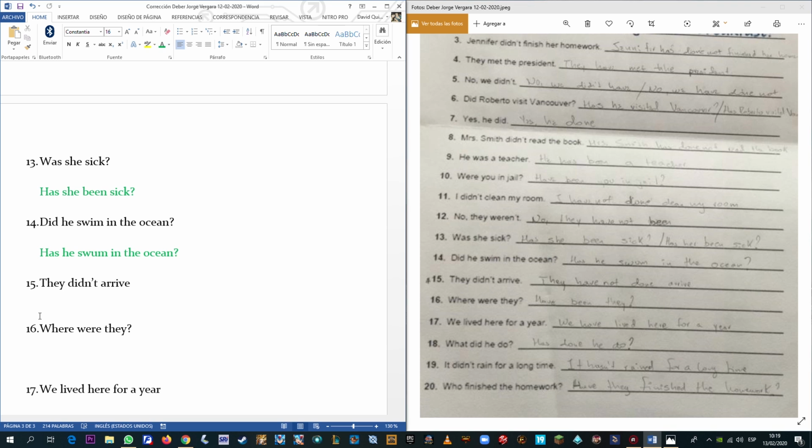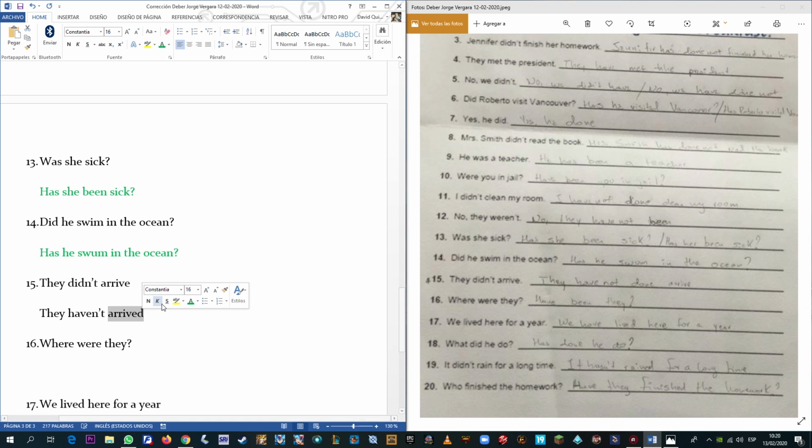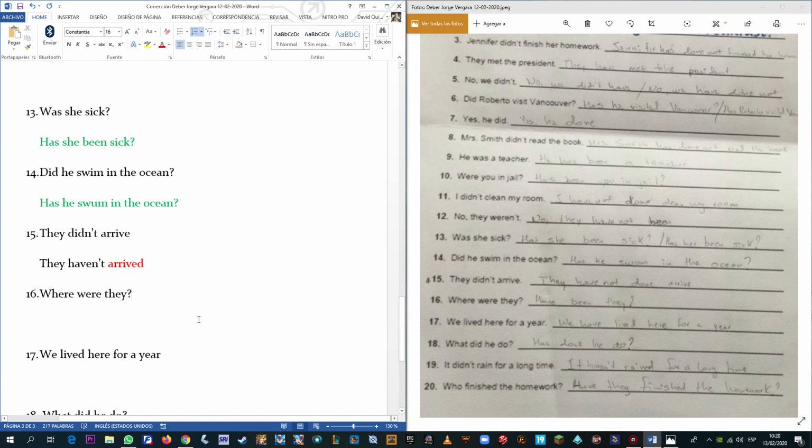It is a common mistake, but we can correct it. So let's correct it. It would be, they haven't arrived, and that would be all. Let's highlight in red the word that had the problem.